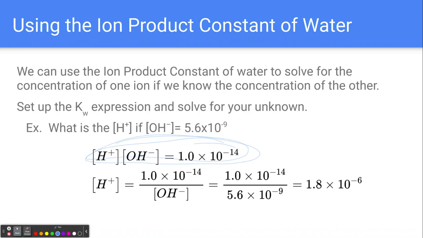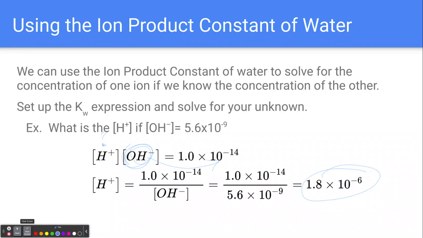So in this one, we know the hydroxide. Okay, so this is what we know. This is what we're trying to get to. And so we're going to divide that underneath the KW expression. And so we get 1.0 times 10 to the negative 14th divided by 5.6 times 10 to the negative 9th. And the proton concentration is 1.8 times 10 to the negative 6th.